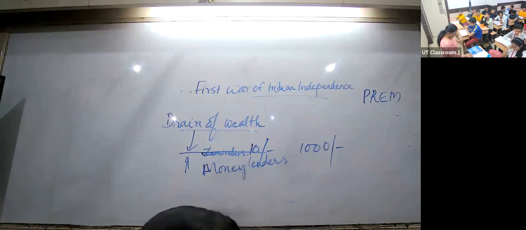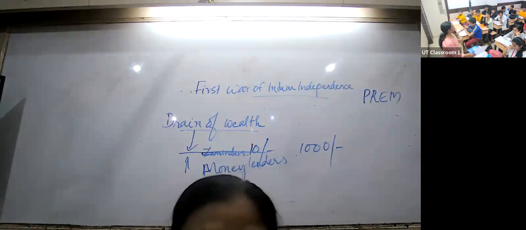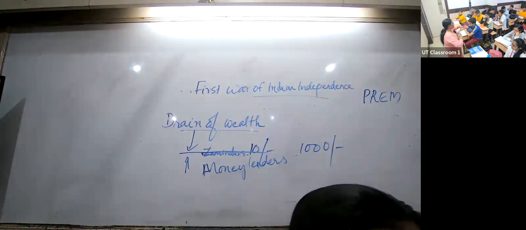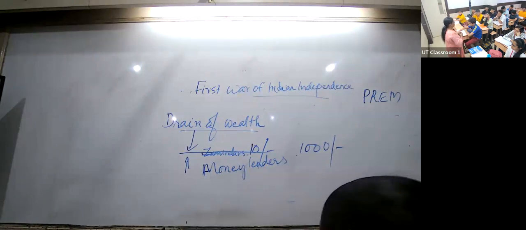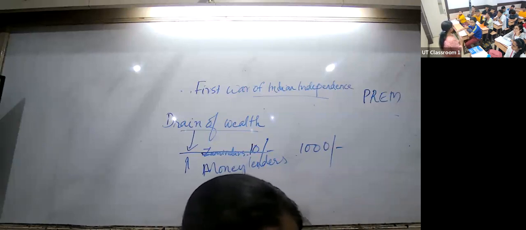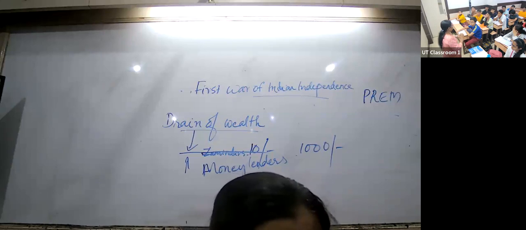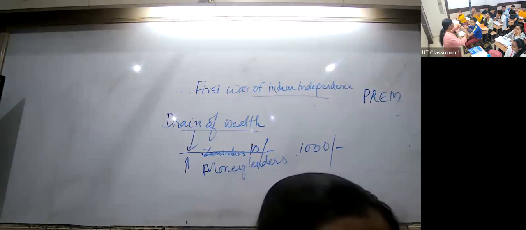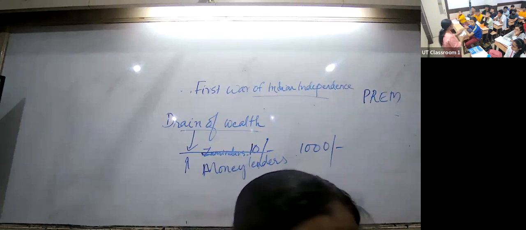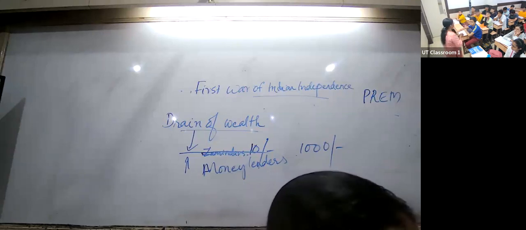Next is deprivation of allowances and low salaries. What is that? Earlier, whenever they were made to go to wage war, they used to get extra allowances. Outside their domain, if they were sent, they were given special allowances.